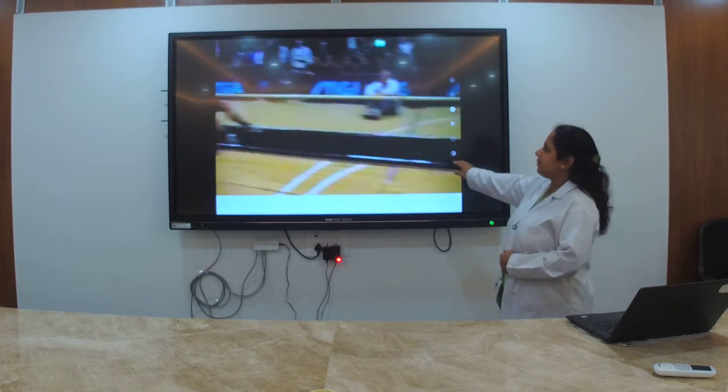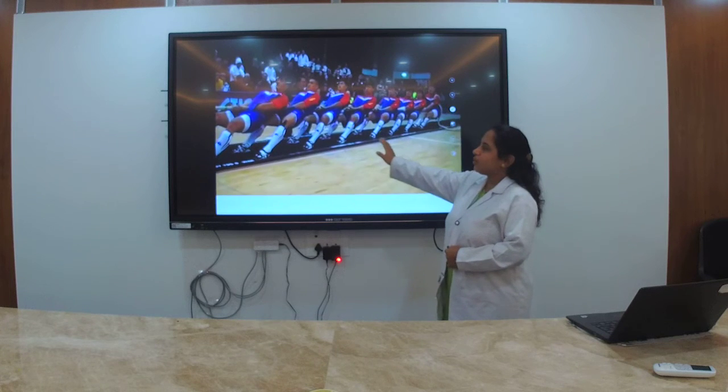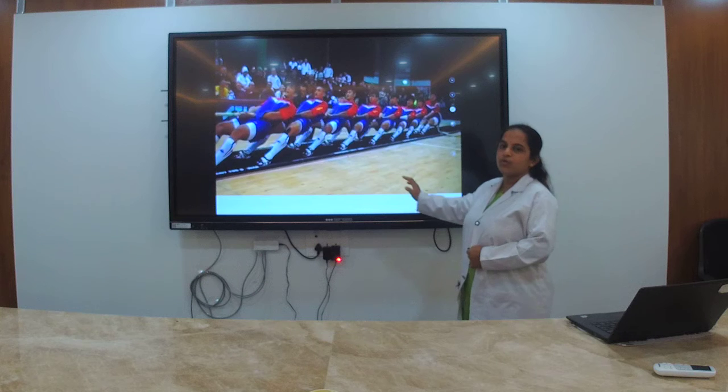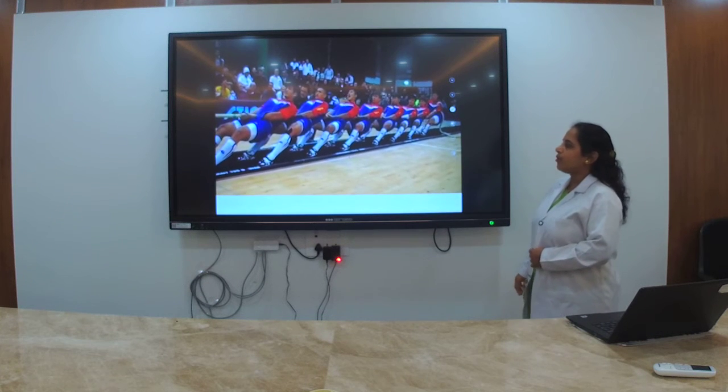Still the system is in equilibrium. Both the teams are pulling with an equal amount of force. So, law of inertia.